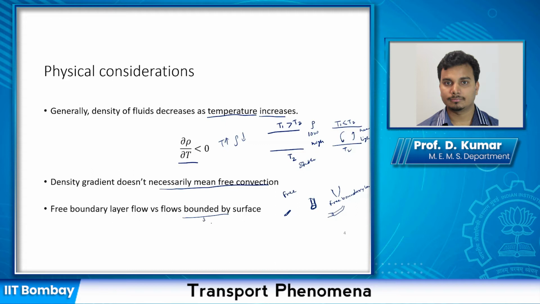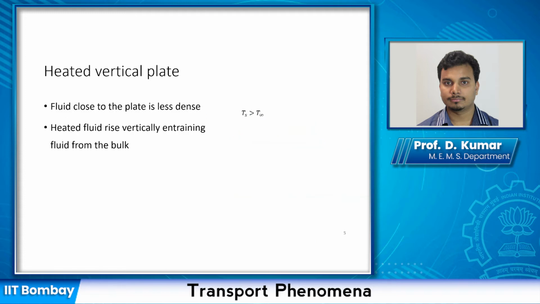Now, if you have a hot vertical plate, then because Ts is greater than T infinity, the lighter air will go up, and you will have boundary layer formation, etc. So in this case, the flow is bounded by the surface. This is another distinction you should recognize. Okay. So we'll closely look at this specific case called the heated vertical plate.